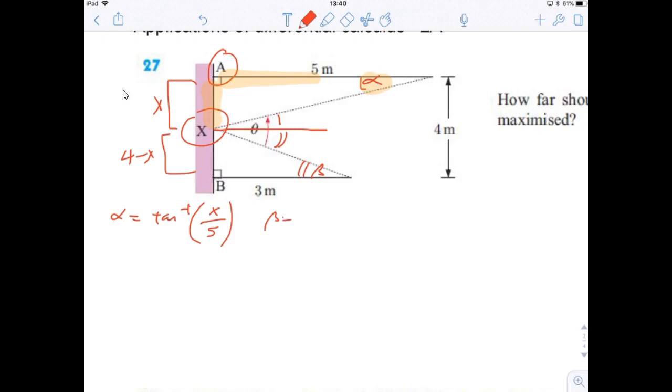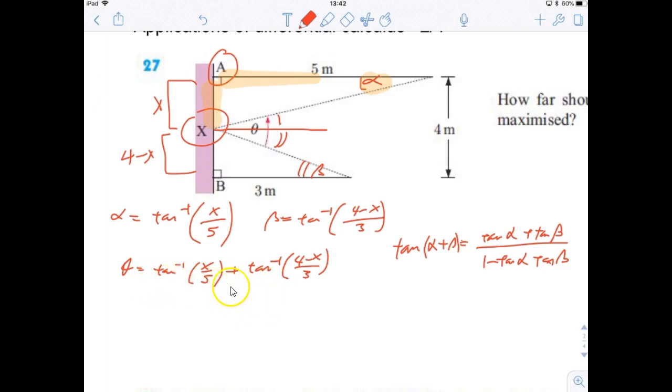And beta would be equal to the inverse tangent of 4 minus x divided by 3. And then we just add those together. So we'd have angle theta is equal to inverse tangent of x divided by 5 plus beta, which is inverse tangent of 4 minus x divided by 3.